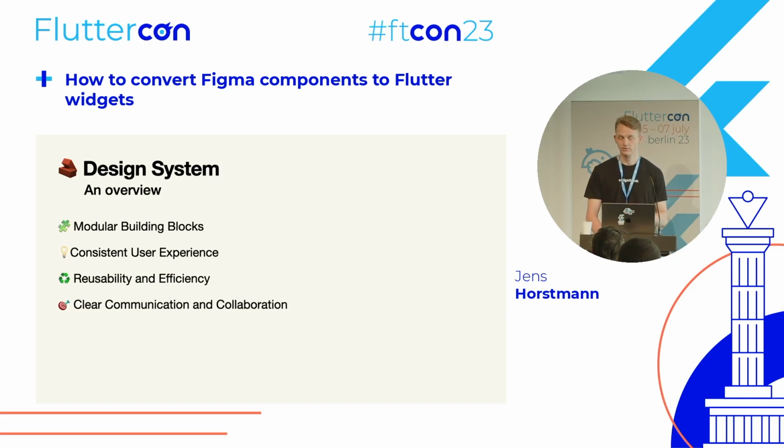So as a developer, but also as a designer aiming to scale an application to maybe more complicated use cases, we want modular building blocks that we can reuse and also being efficient in implementing and designing with those existing components. In addition, a design system can make sure that our users have a consistent user experience.